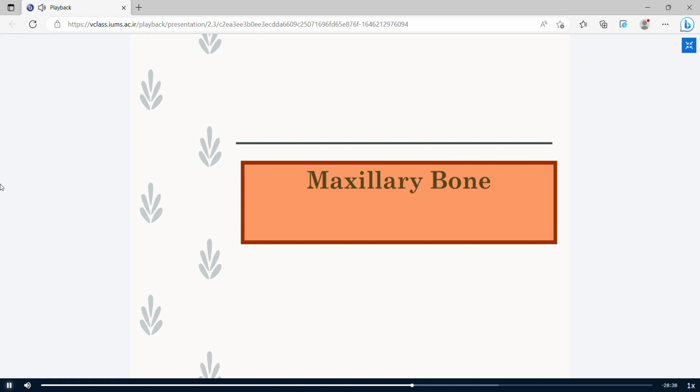Which structure is not seen on anterior surface?